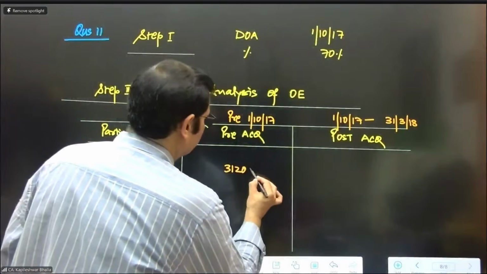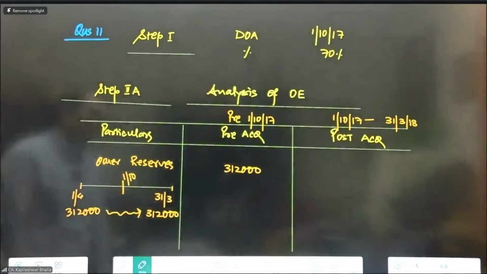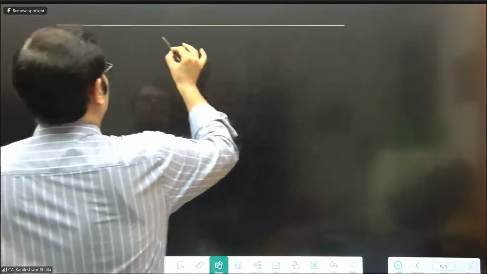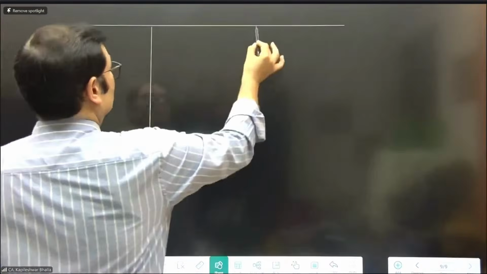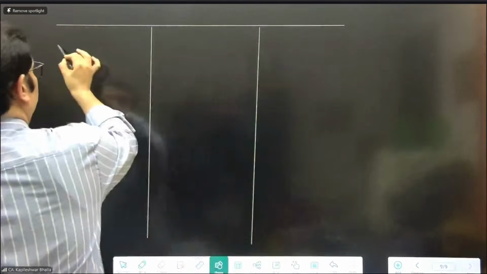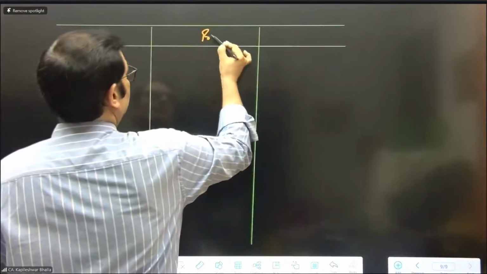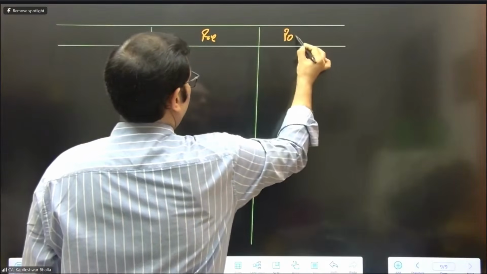So we put it in the pre-acquisition column. As simple and as straight. Let's extend the analysis. I'm not putting the headings again. We know this is pre-post. So I'm just going to write down pre and post and proceed.